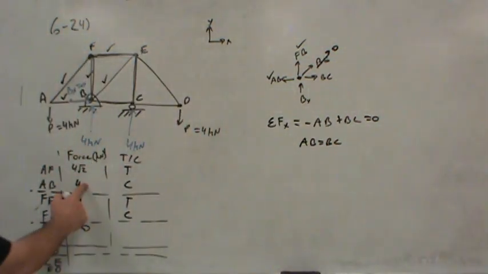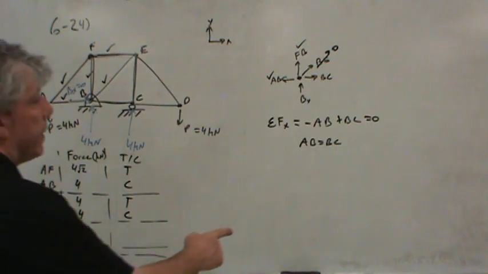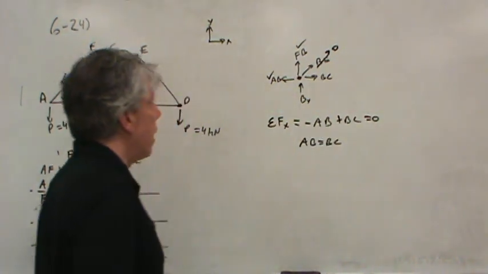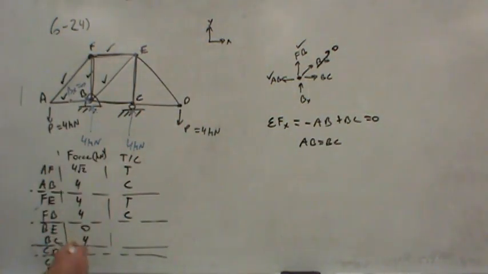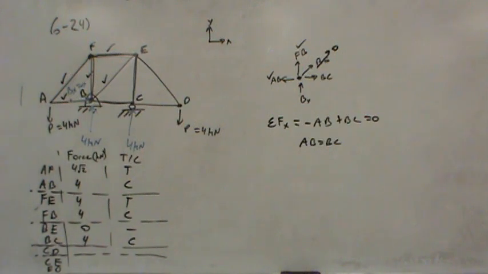Now let's see, AB is known, now BC is known, it's the same thing. Now notice that it's positive, right? Or, well, AB is exactly equal to BC. I've assumed that AB is tensile and BC is tensile, but in fact AB is compressive, therefore BC is compressive. And BE being compressive or tensile doesn't make any sense.